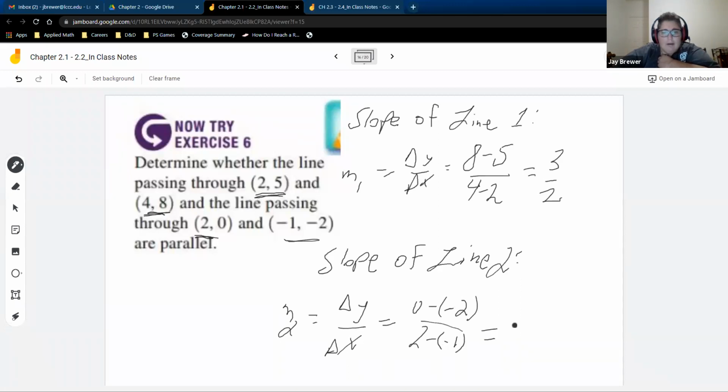Negative negative gives us a positive, so that'll be 2. And negative negative gives us a positive, so that'll be 2 plus 1, which is 3. To have parallel lines, we have to have the same slopes. And here you can see that we actually don't. We have reciprocal slopes, but they're not the same slope. So you would conclude this as, therefore, not parallel.